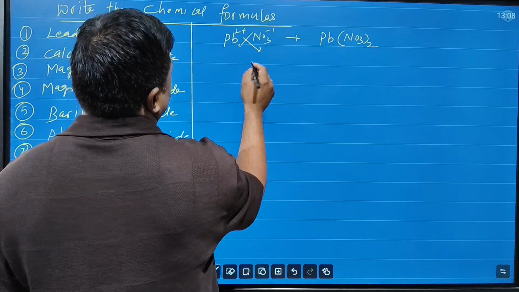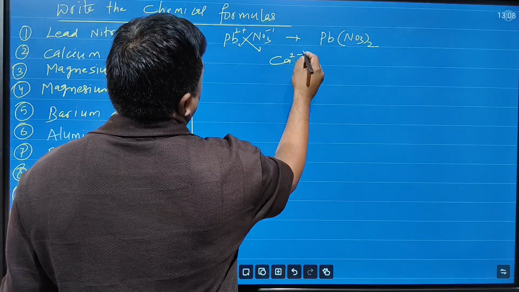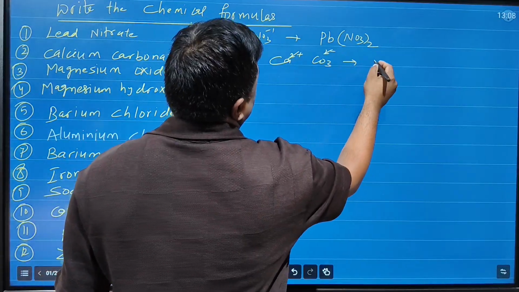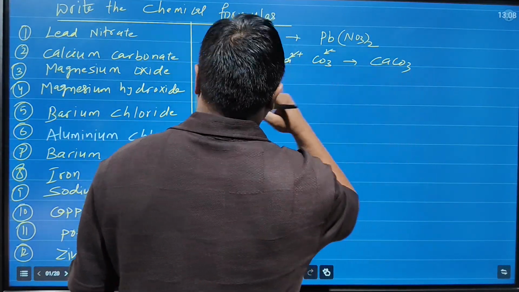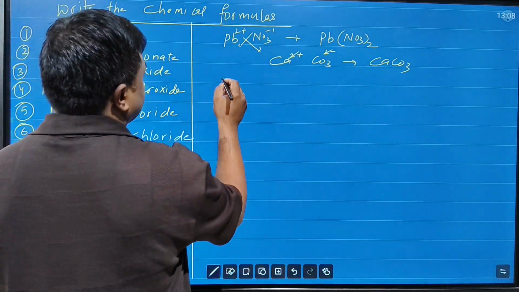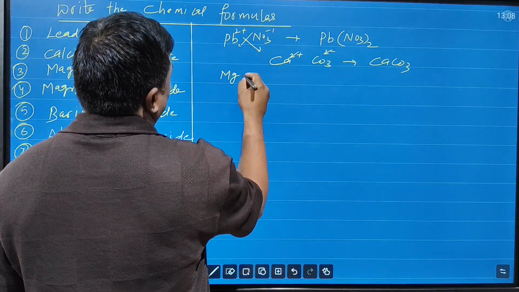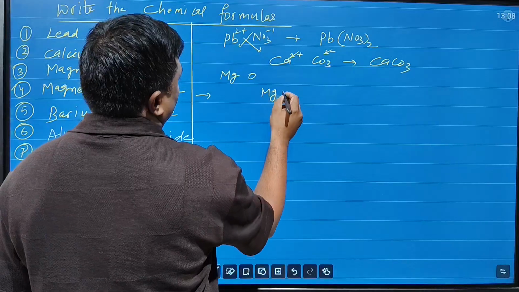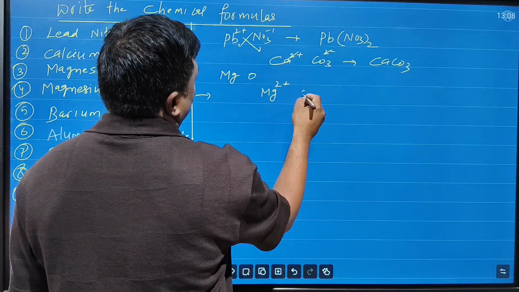Similarly, calcium carbonate: Ca 2+, carbonate 2-. So plus 2 and minus 2 get cancelled, so we can write CaCO3. Next, magnesium oxide, just now we did it, MgO. Magnesium hydroxide: magnesium is Mg 2+, and hydroxide is what?